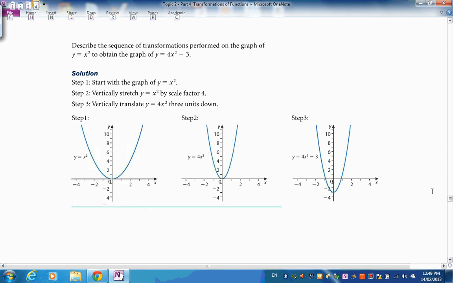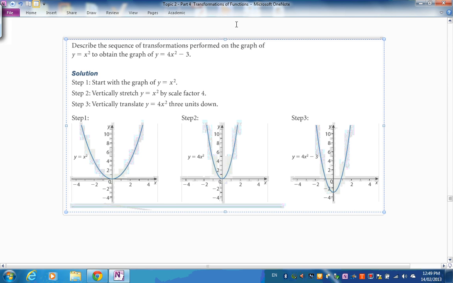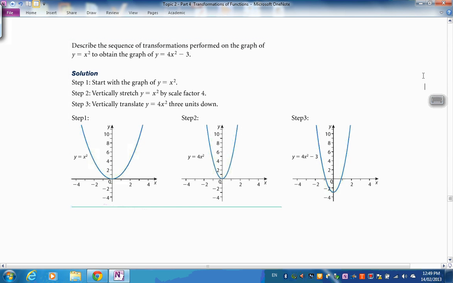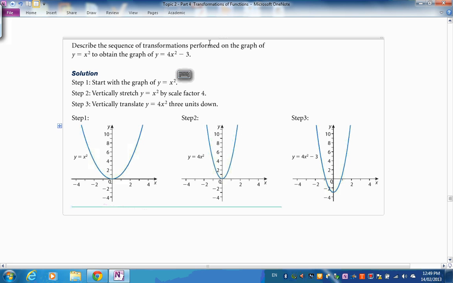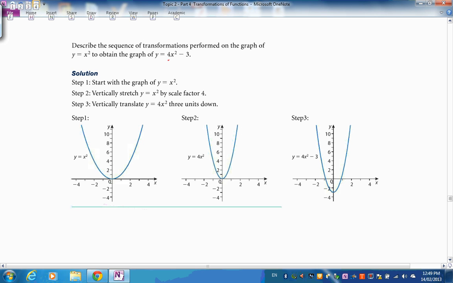Okay, so if we do that now, let's have a look. Here, 4x squared take 3 from x squared. What's been done? Well, the x squared's been multiplied by 4, so that's going to give us a vertical stretch with a scale factor of 4.